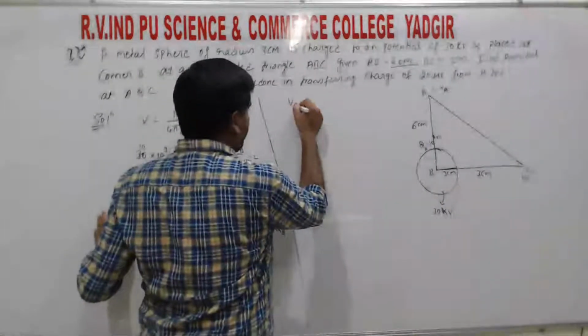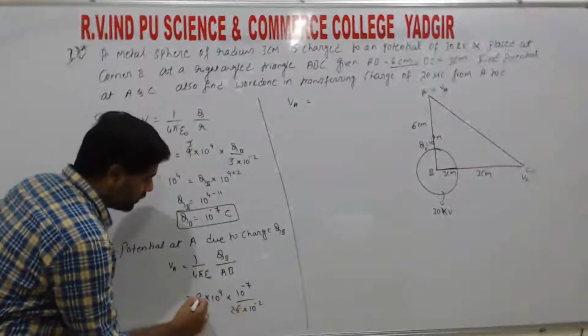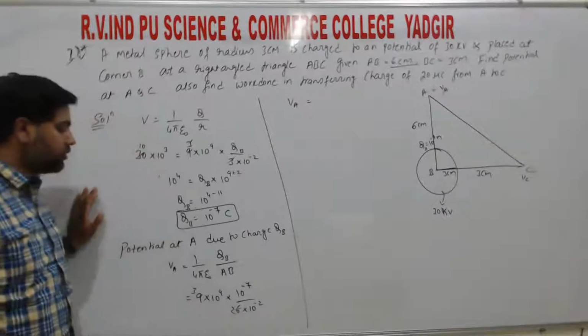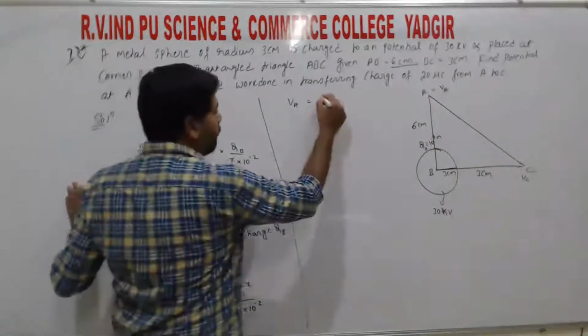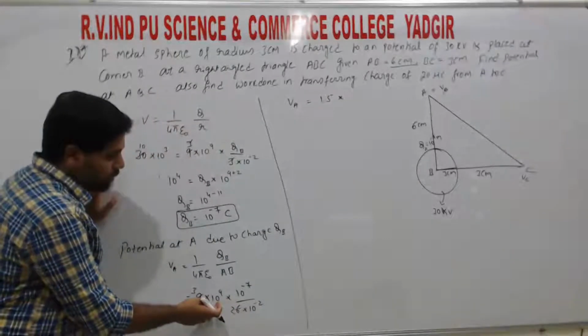So potential VA is equal to, 3 2s are 6, 3 3s are 9, so 3 by 2 that is 1.5, 1.5 into 10 to the power of plus 9.